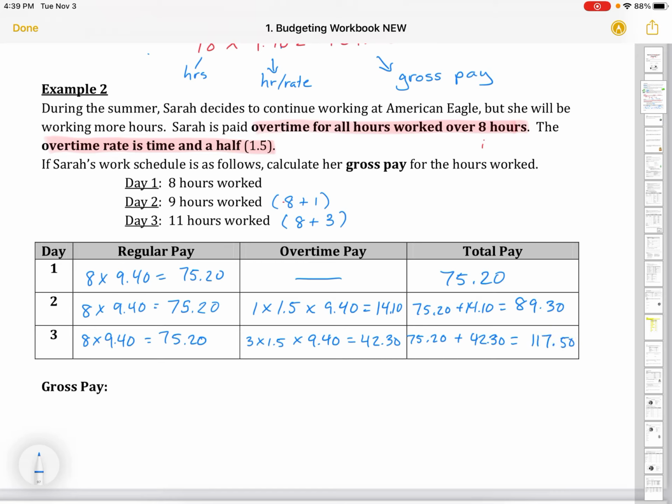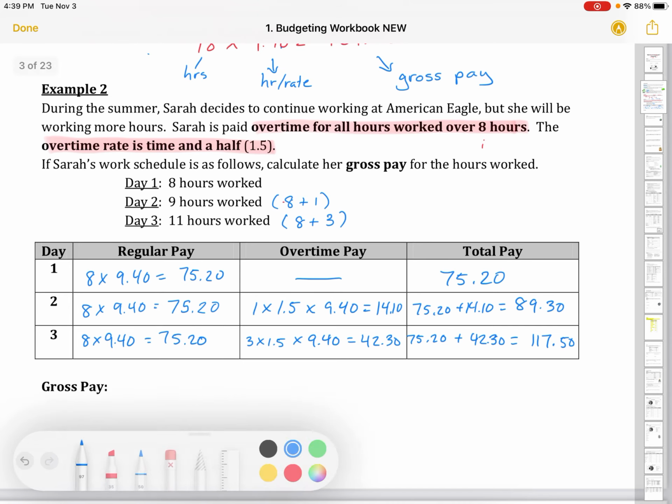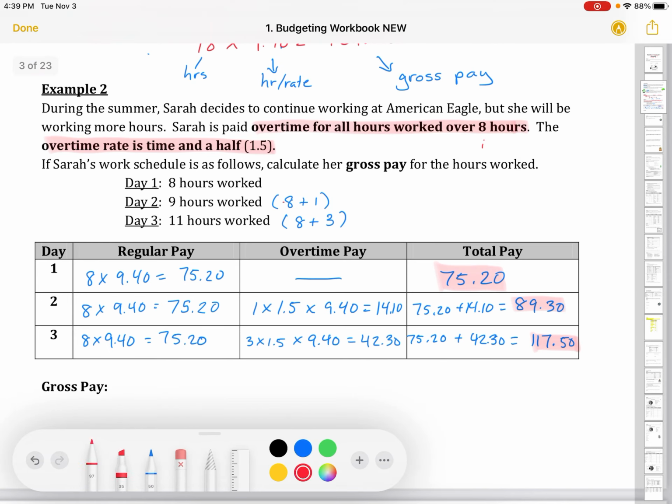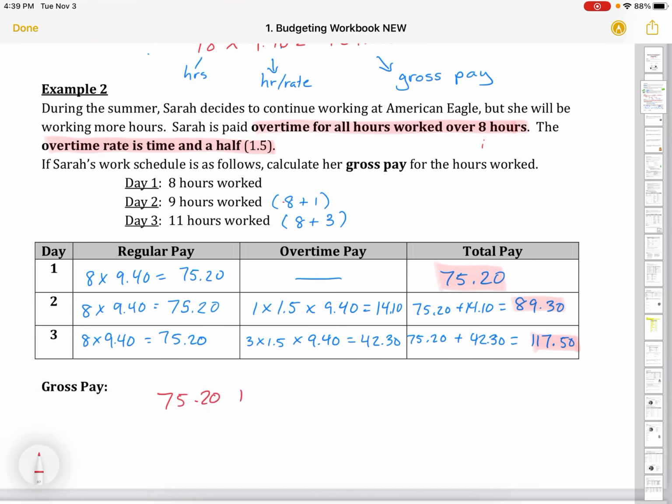Now we want to figure out her gross pay. We take each of these total pays and add them up. So her gross pay will be 75.20 plus 89.30 plus 117.50, which equals 282 even. Okay, so that would be her gross pay.